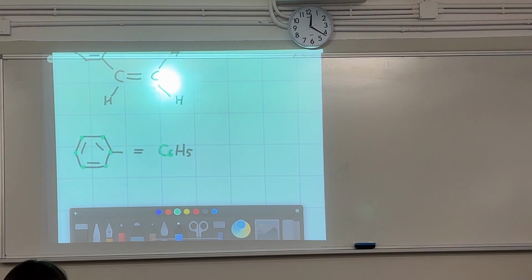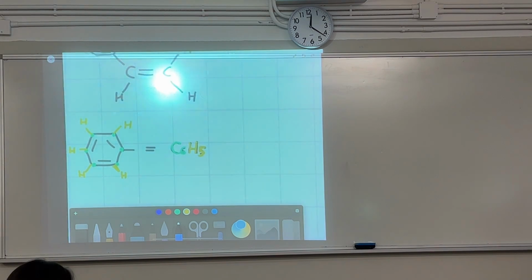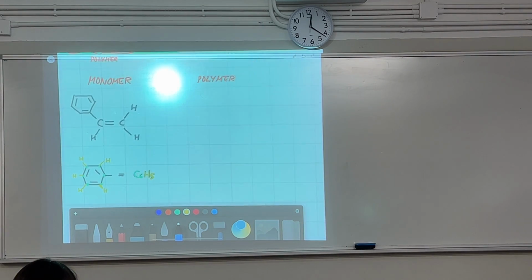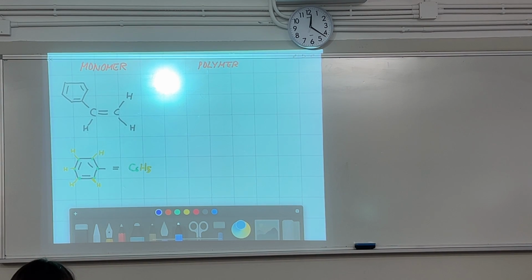That's because only these positions can have hydrogen. The 6th position, this one, it is connected to the carbon. So therefore there is no hydrogen at that position. So it should make sense why this group is C6H5. Okay, so this is C6H5. Don't write C6H6.